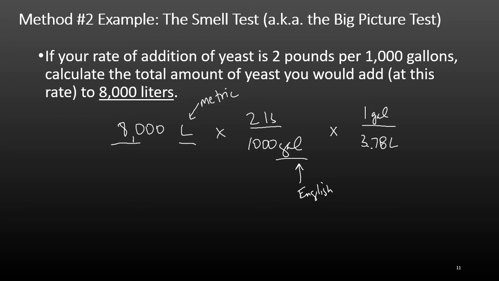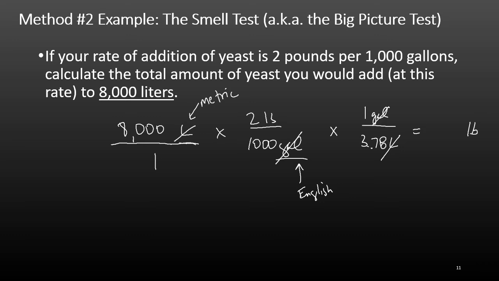All right? So now what do we have? Well, we've got 8,000 liters. Let's write that as 8,000 over 1. So we have liters in the numerator here, which cancels against liters in the denominator in the third term. We have gallons in the denominator in the second term here. We've got gallons in the numerator in the third term, so those cancel. And we end up with pounds as the units in our answer, right?